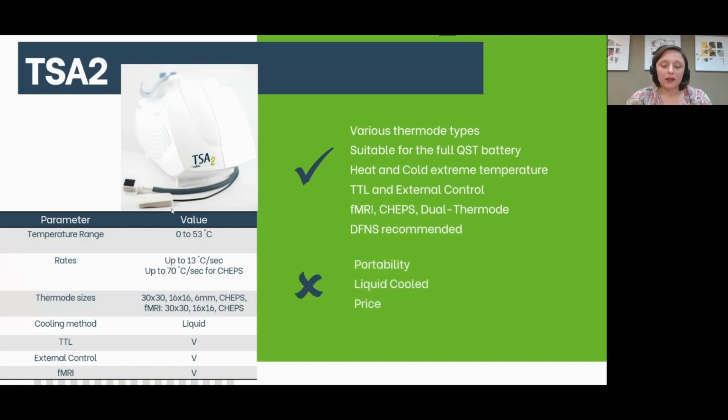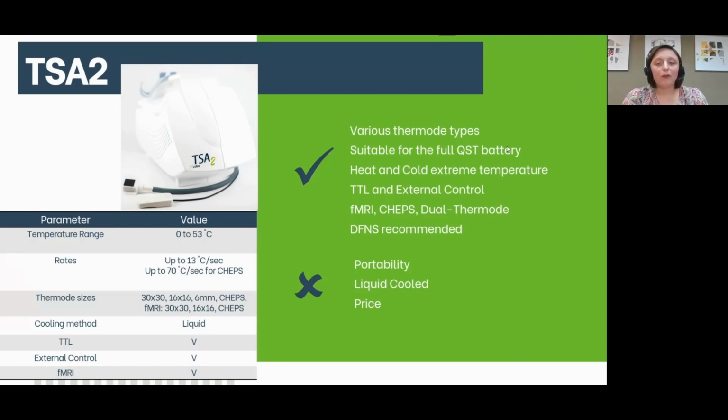And some limitations, or some things that you need to take into account, are first of all the portability. If you compare it to Qsens, it's less portable, but it can still be taken from place to place. It has this handle that maybe you can see here in the picture. You can just take it from one room to the other. So it's not portable, but it's less portable than Qsens and TSA2 Air.